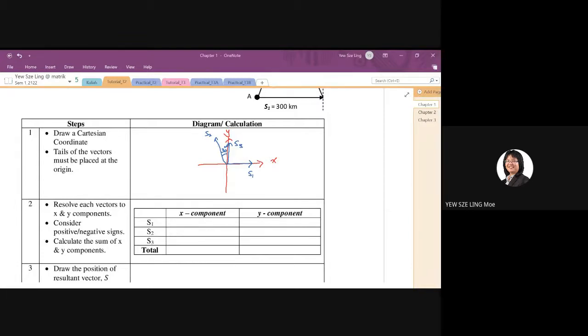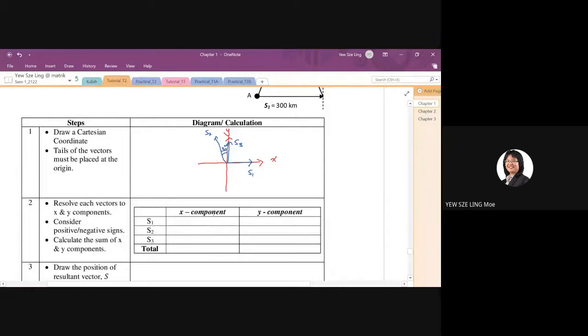At least you try it. At least complete the table, and see whether you know how to do it or not.